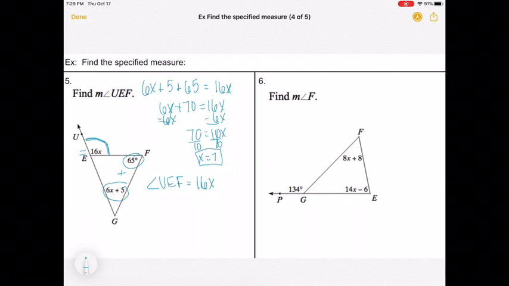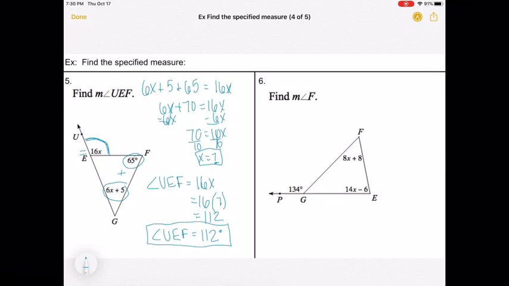So I know that was my given info. Then I'm going to take the 16, now I know x is 7, so I'm going to plug that in and substitute. So I've solved that out, is 112, so angle UEF equals 112 degrees.